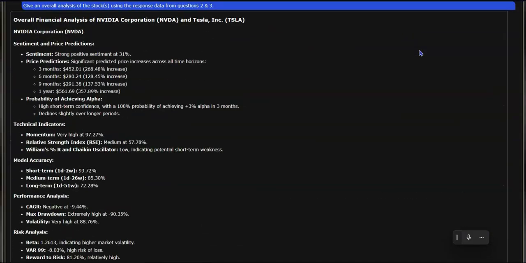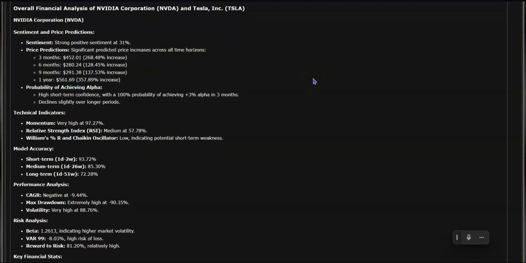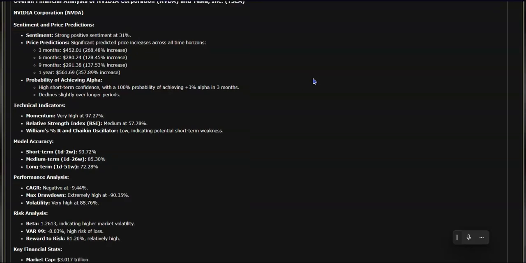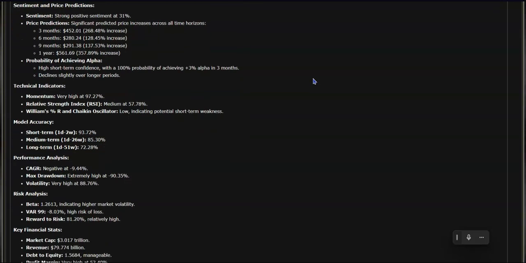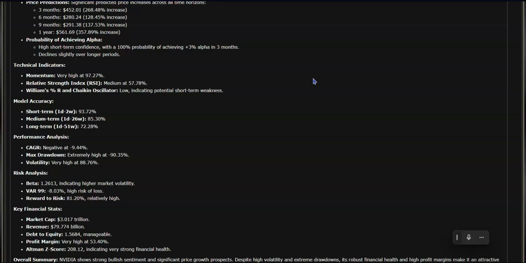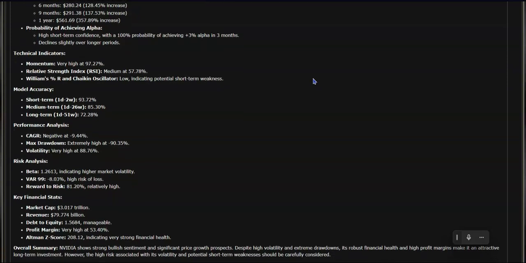So here's the overall financial analysis of NVIDIA and Tesla, combining both AI machine learning outputs with mainstream statistical risk performance outputs.